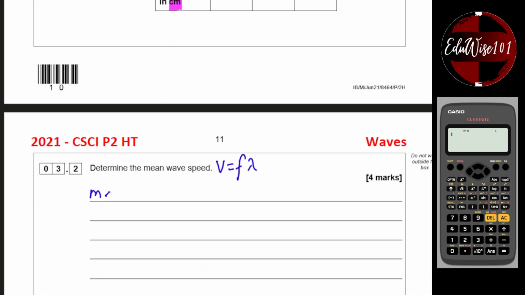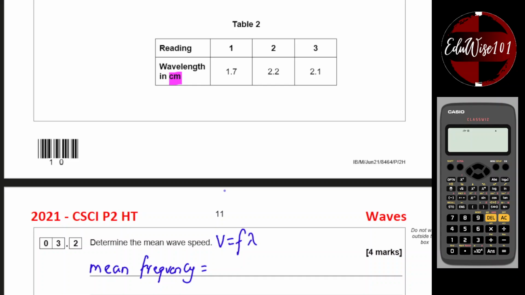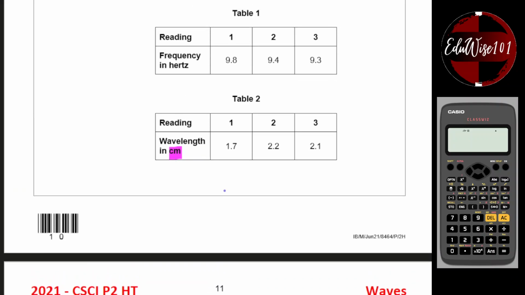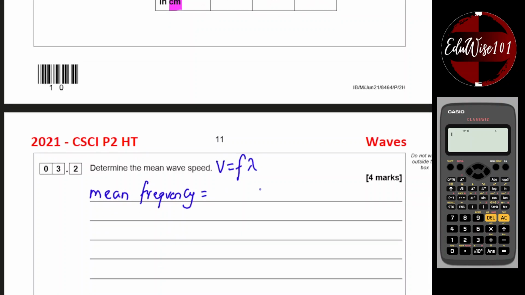The mean frequency is found by adding up the frequency values, 9.8 plus 9.4 plus 9.3, and then dividing the total by the number of values, which is 3. This gives you an average of 9.5 hertz.